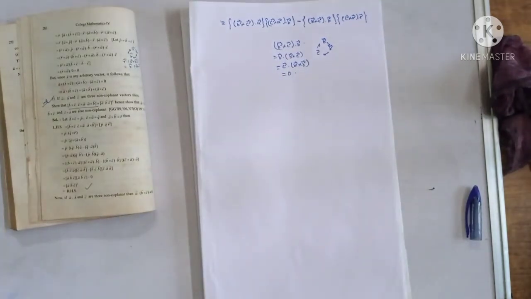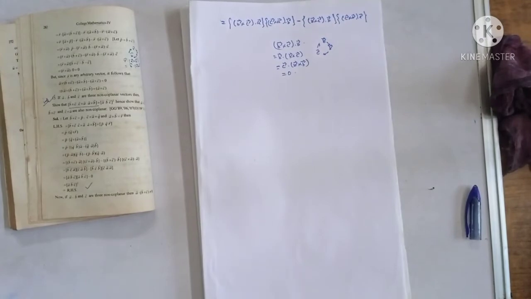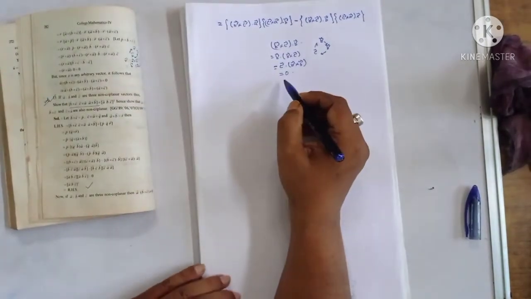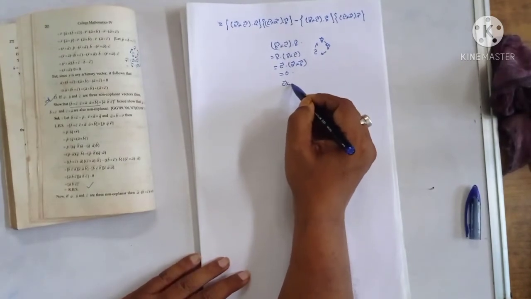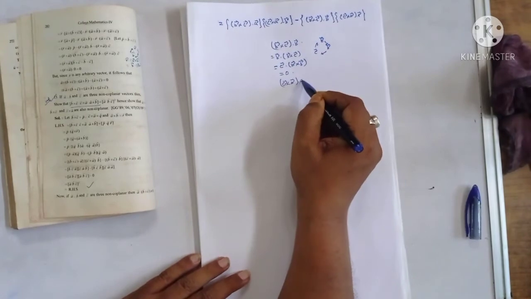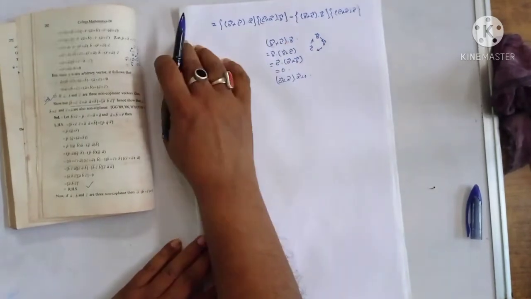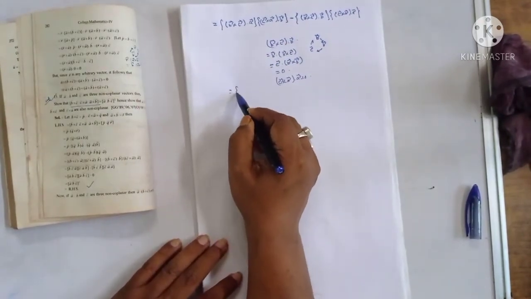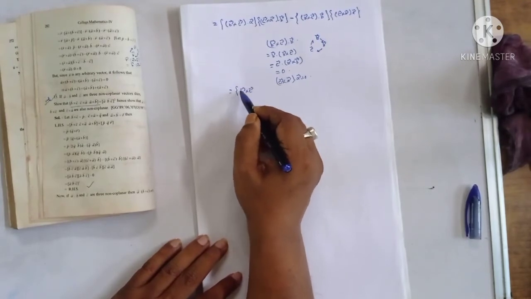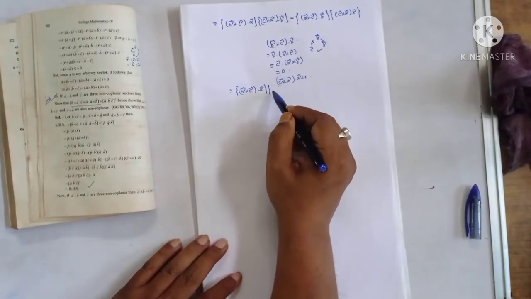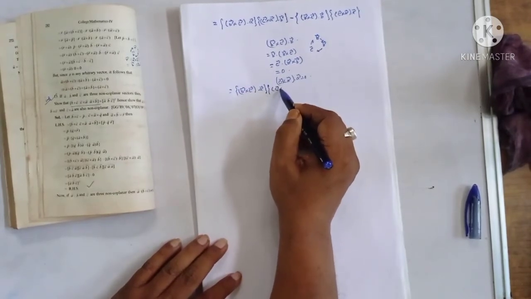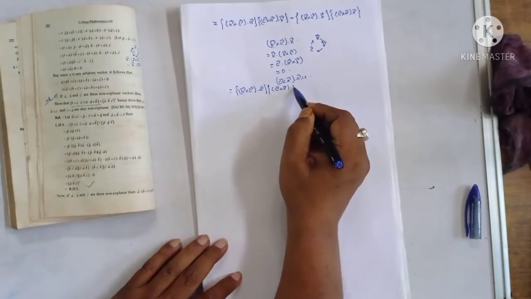So now again this is C vector cross A vector dot A vector, this is 0, so it remains here only B vector cross C vector dot A vector and C vector cross A vector dot B vector.